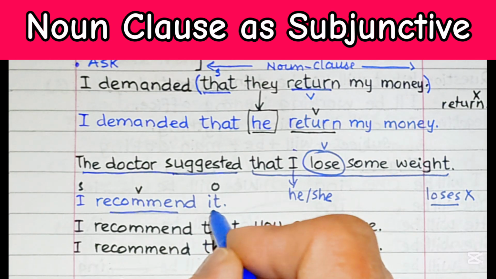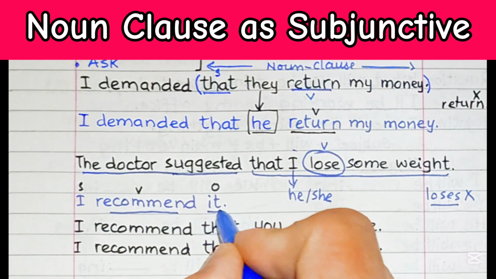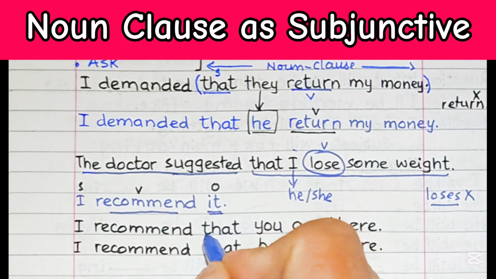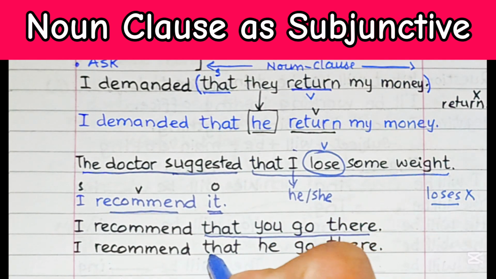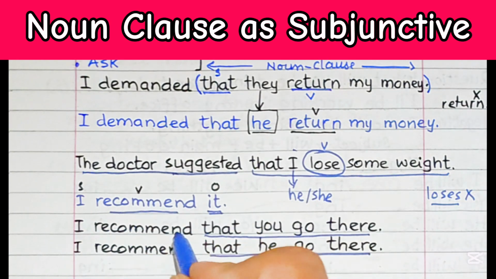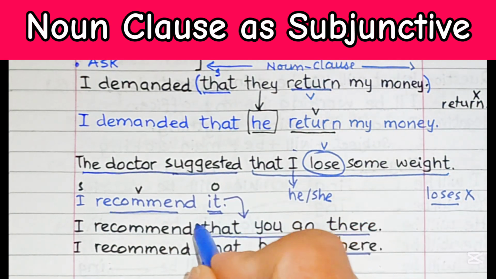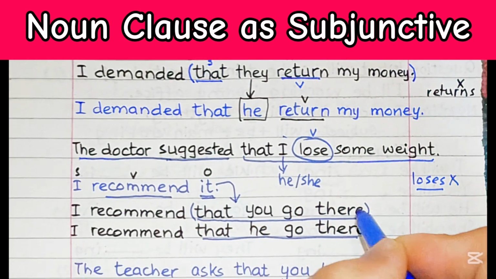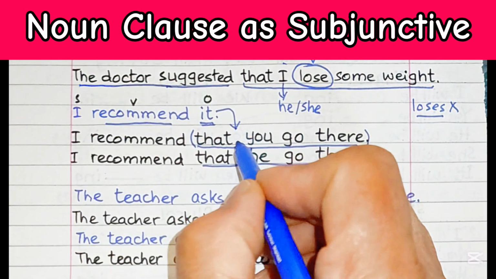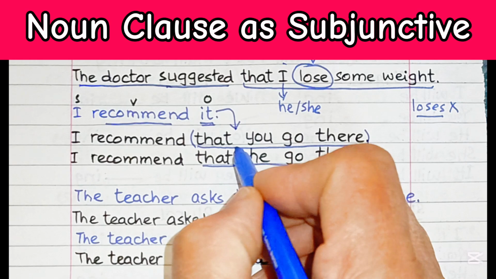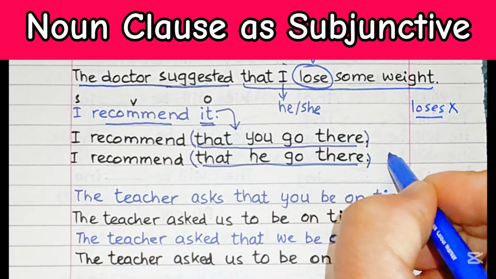You can replace the object with a noun clause. We can replace it with some noun clause like this. I recommend that you go there. So in place of it, we can add this clause that is functioning as an object, and that's why it is called a noun clause.